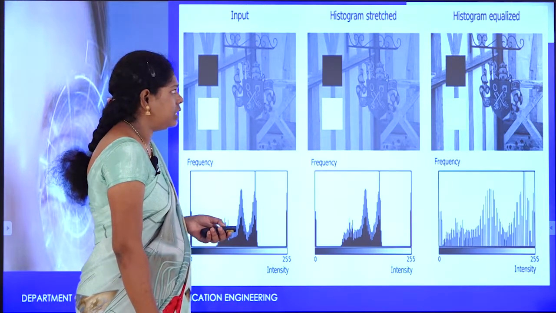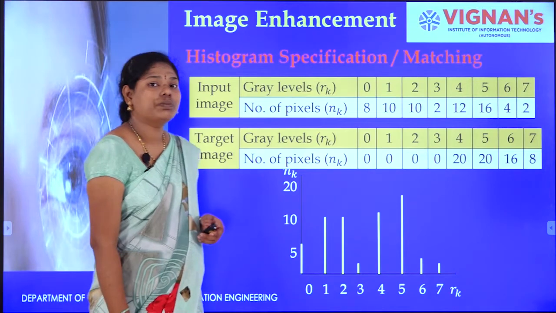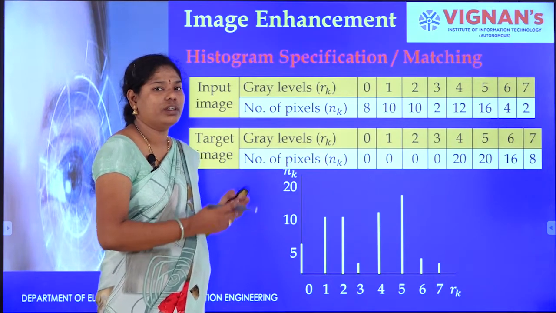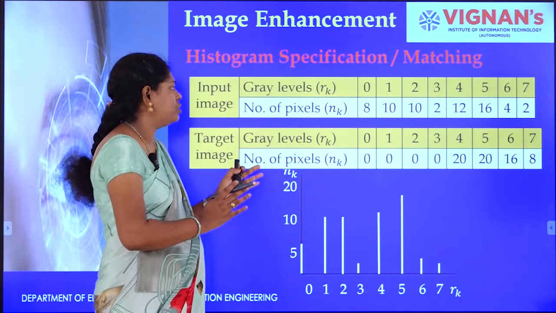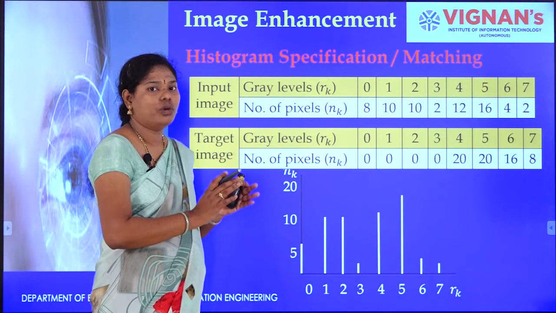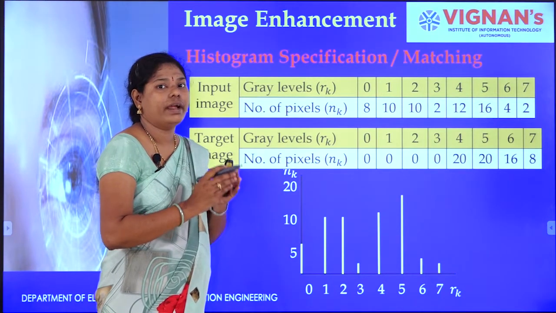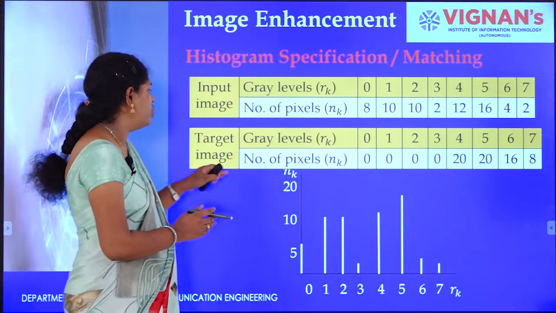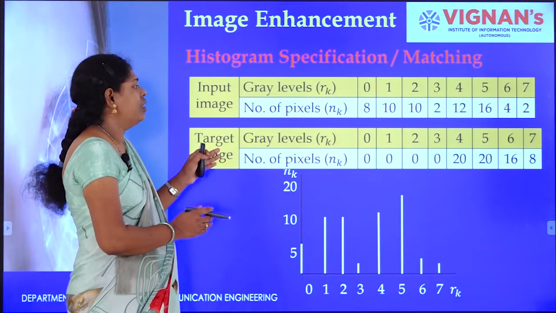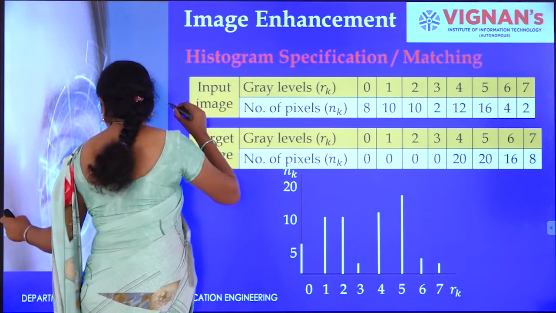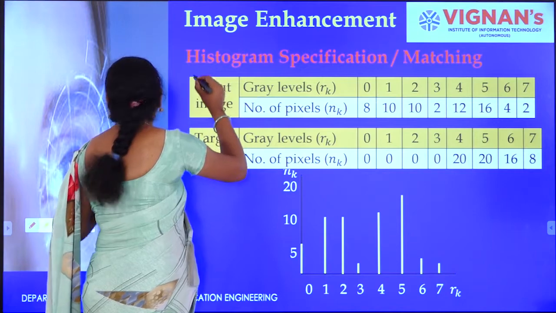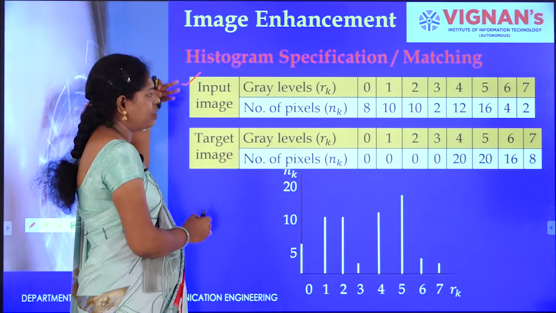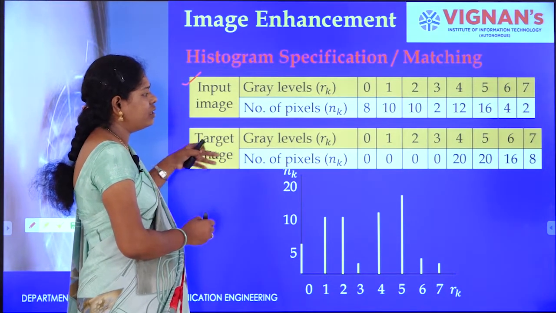The next thing is histogram matching or specification. Histogram matching or specification is this: already we have some image with a distribution of gray levels, but now we do not want that. We need some desired intensity values. Then we go for histogram specification. From that input image only, we have to modify it to the desired one.